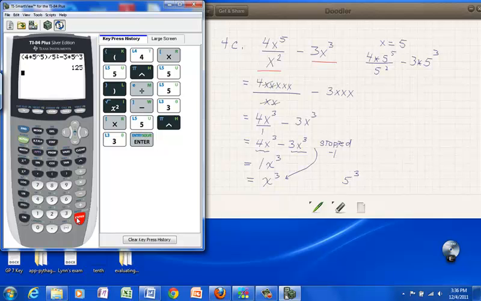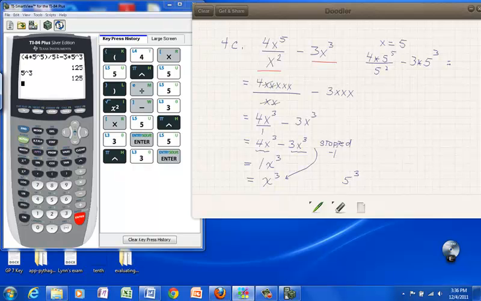So all of that is equal to 125. Some of you may already know that 5 to the third is also 125. So my answer does check. If you had substituted in x equals 5 here, it also would have been 125.